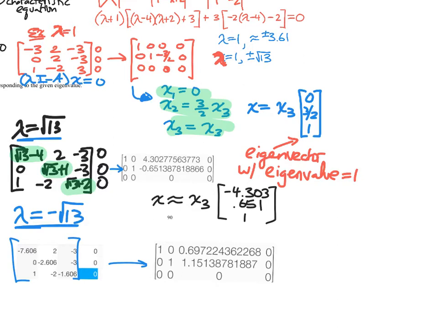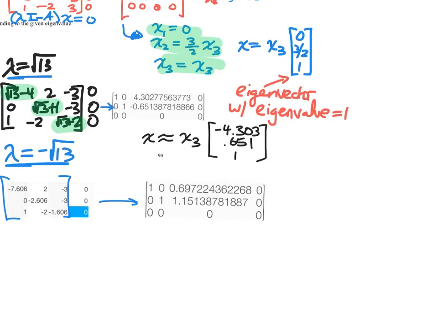So I'll do the same thing down there. And we can kind of cut to the chase a little bit. All right, so these are the three eigenvectors.